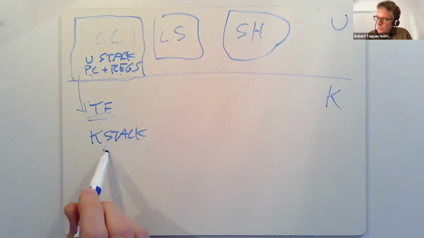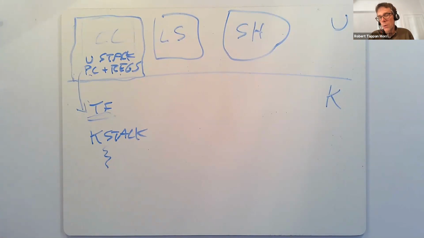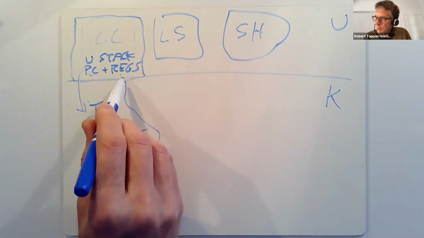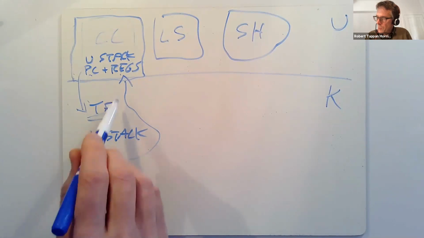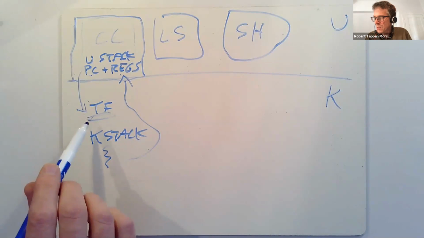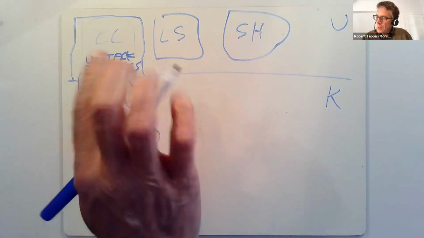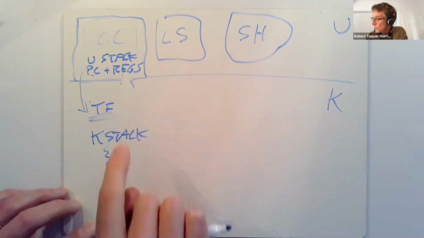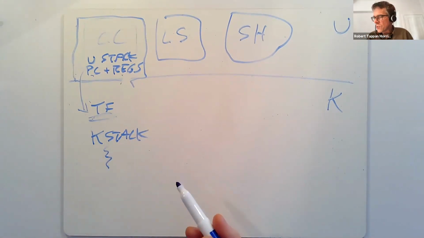And then the kernel runs for a while, maybe running a system call or an interrupt handler or whatever it may be. And sometimes, if it's a system call in particular, we'll simply return from this point back to the same process, and the return to user space will restore this program's program counter and registers. But it could also be that instead of simply returning, maybe because it was a timer interrupt, we're actually going to switch to another process.